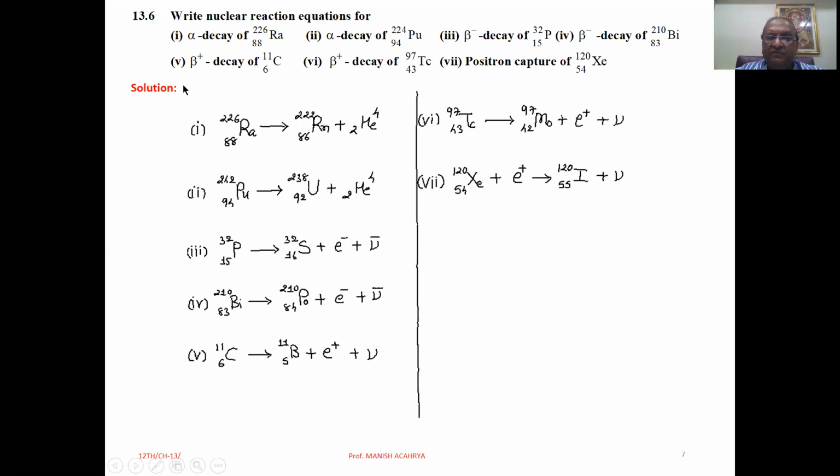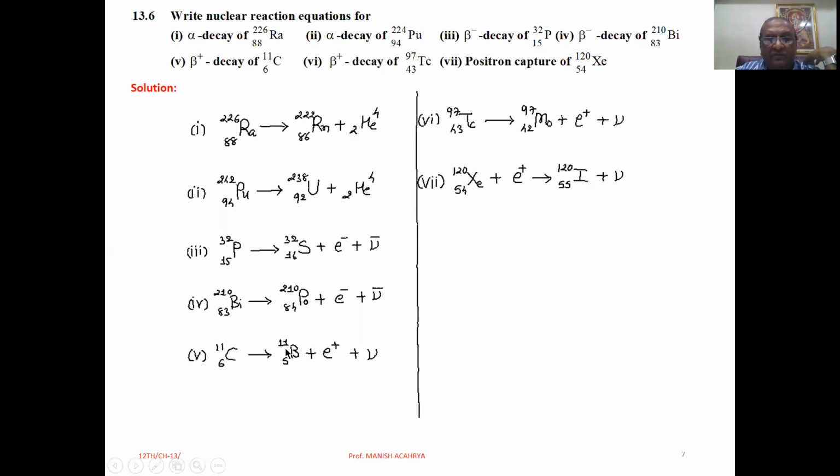Then the fifth one, beta plus decay of 6 C 11 and beta plus decay of 43 Tc 97. So 6 C 11 beta plus. When beta plus decay takes place, the Z value will be decreased by 1, but A will remain constant.